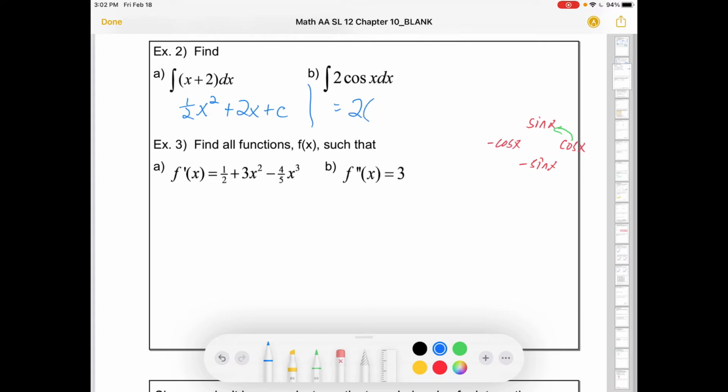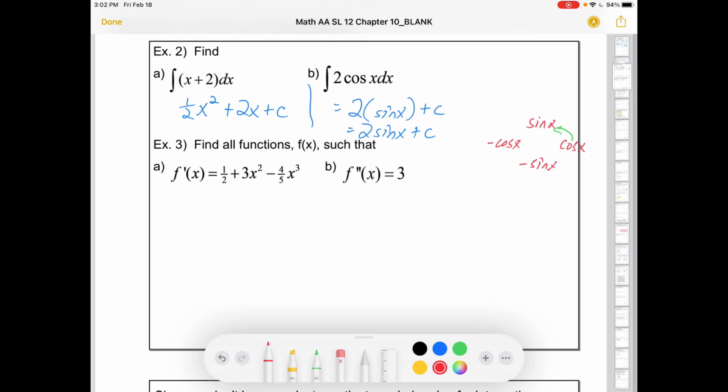So it'll be 2 times sine of x plus c. So don't forget the plus c here. And then I could check that antiderivative, or that indefinite integral, by differentiating. 2 would stay, sine would turn into cosine this time, and I'd have 2 cos x. The c would just go to 0. So we've done it correctly.